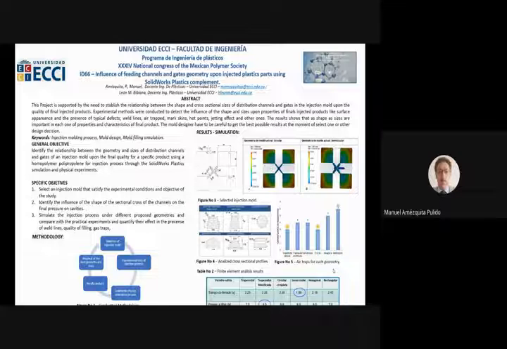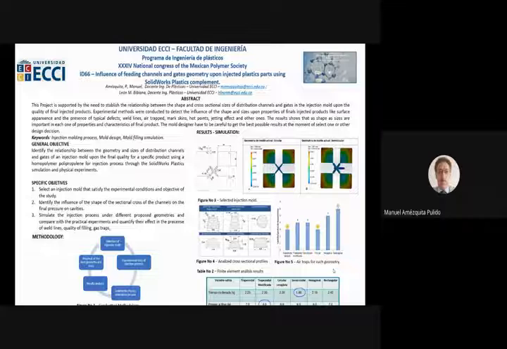We considered a trapezoidal geometry, a modified trapezoidal geometry, circular geometry, semicircular geometry, hexagonal geometry, and finally a rectangular geometry with the indicated size. In figure number 5, we can see the air traps obtained for each geometry.